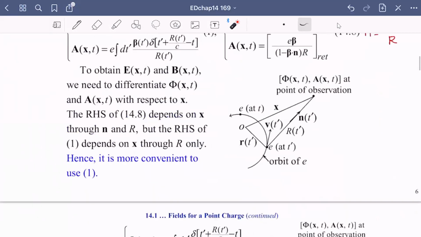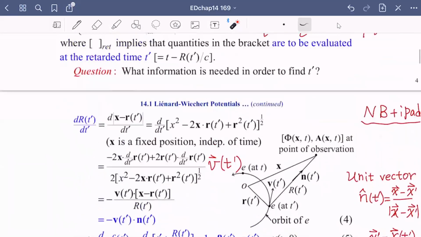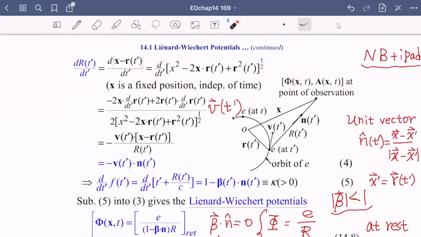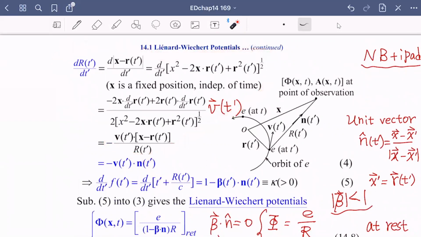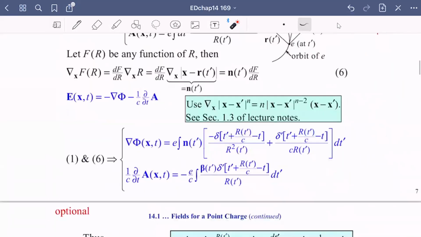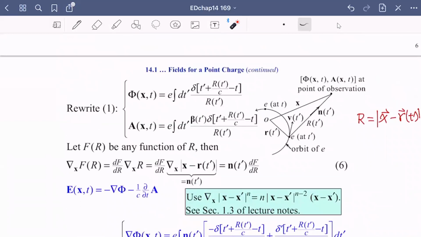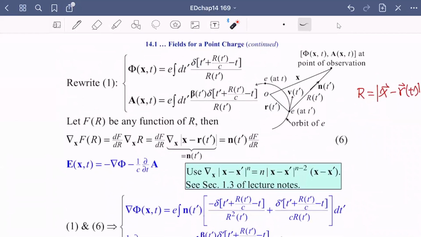You don't remember? Yes, here. We already studied this one. Very similar with respect to x. So this part is easy. This part is very easy.